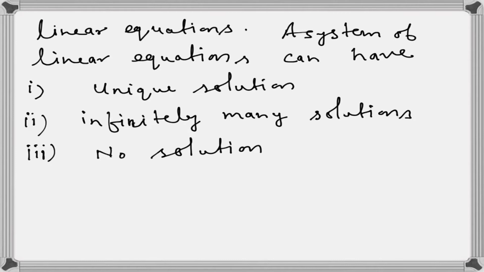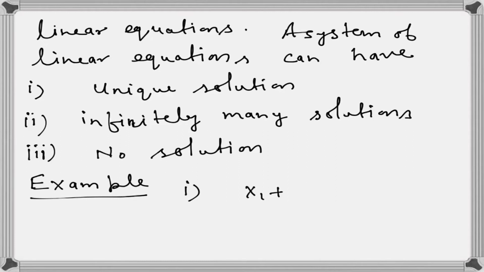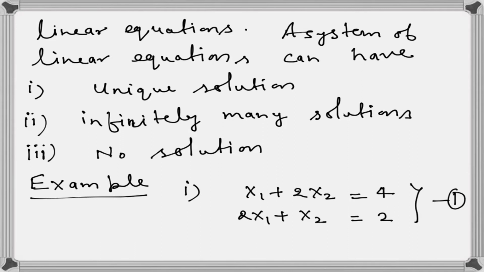Okay, so let's see some examples. Consider a system of two equations in two unknowns given by x1 plus 2x2 equals 4, 2x1 plus x2 equals 2.